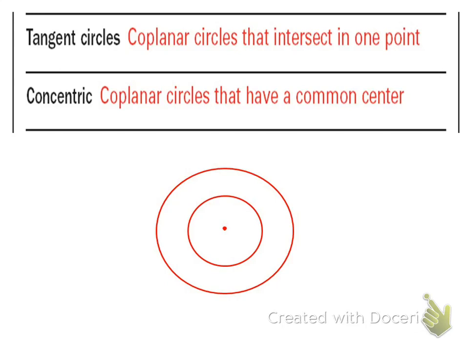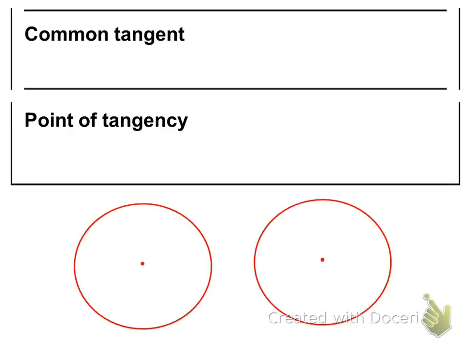Okay, it's more than just one circle being inside of another. Are these circles concentric? No. Okay, the center point of the larger one is about here, where the center point of the smaller one is about here. They do not have the same center point, so these are not concentric circles. Concentric circles are circles that have a common center.